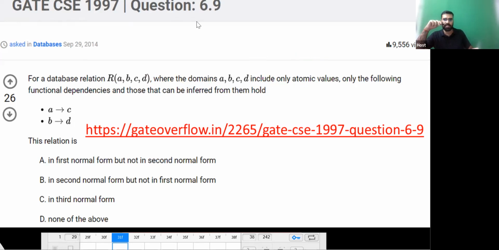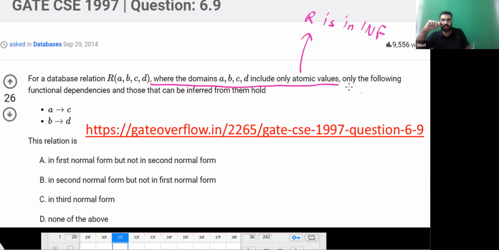So automatically this means the relation is in 1NF, yes or no? Correct. This relation is in first normal form because the domain of all the attributes includes only atomic values. That is the definition of first normal form.